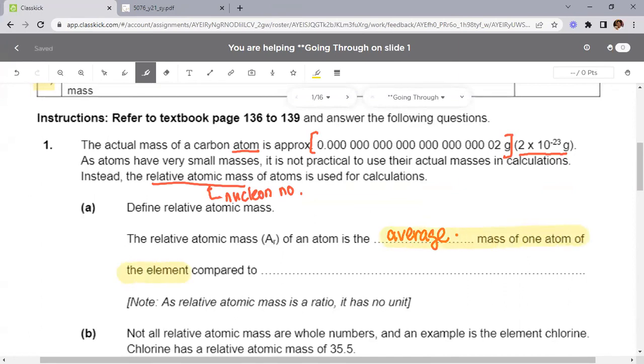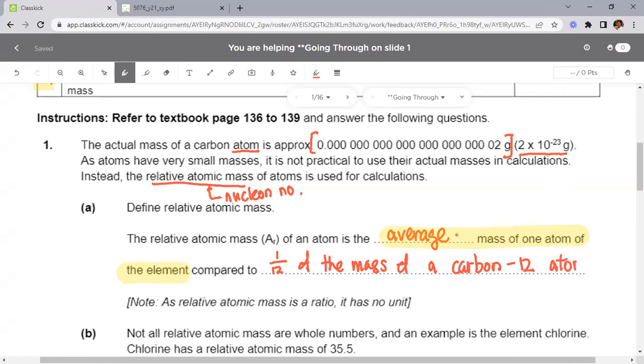Now, because it's relative, it's compared to something. So the question is, what is it compared to? It's actually compared to 1/12 of the mass of a carbon 12 atom.